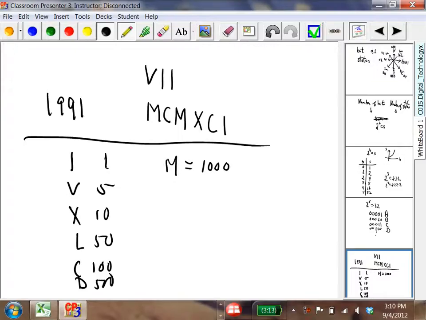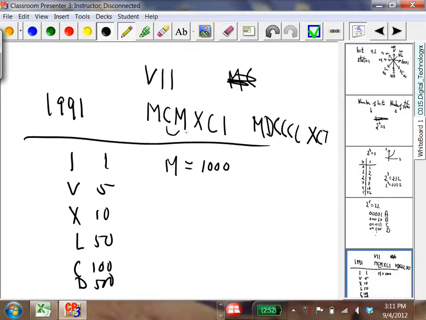Except they have this little shortcut. The bigger number is supposed to be to the left and the smaller part to the right. But they cheat. They could write this M D C C C C X X X X, but if you put the C before the M, it's a subtraction.